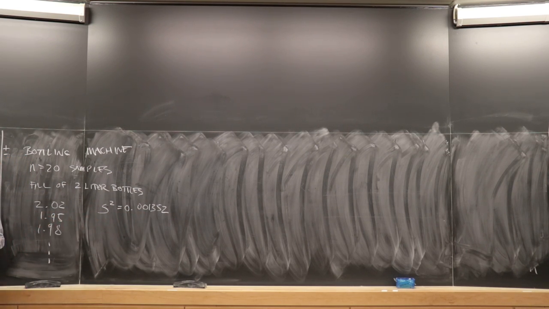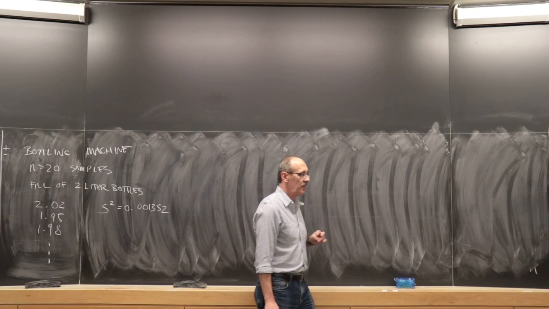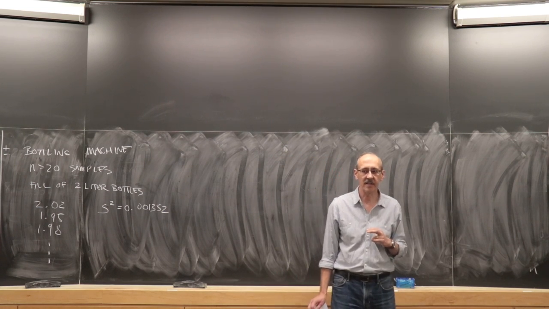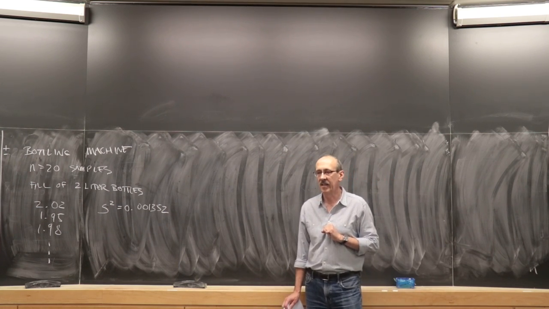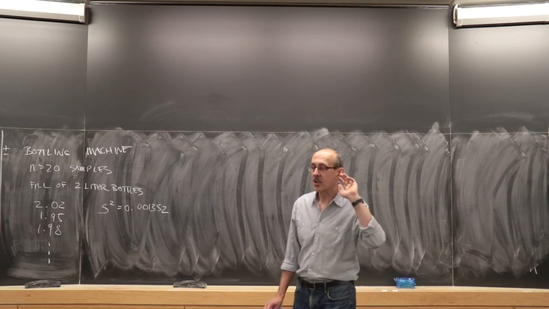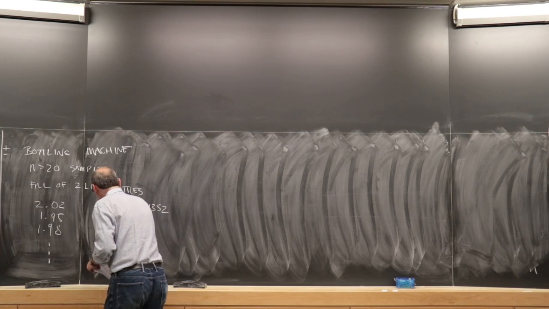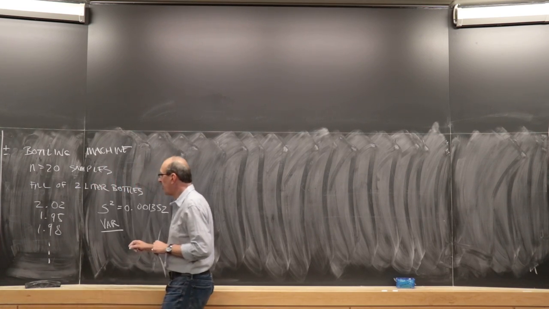Why is that not the right way to think about this? Why is the pertinent number much larger than 1 in 1,000? It's divided by the square root of n. Correct, it's squared. Okay, this is the variance. Sample variance.